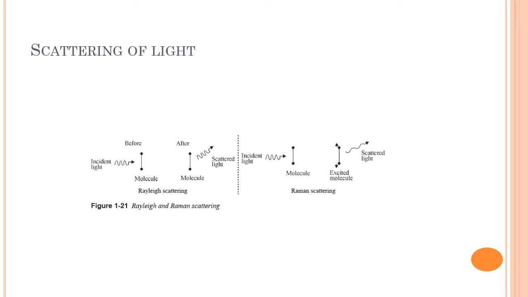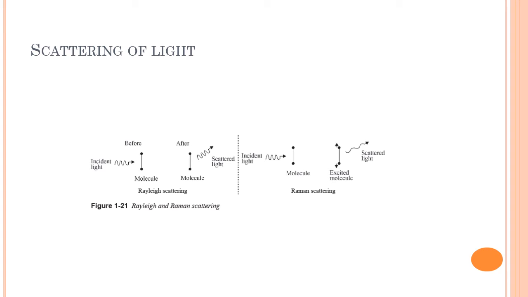If the dimensions of the scatterer are much smaller than the wavelength of light, like a molecule, for example, the scatterer can absorb the incident light and quickly re-emit the light in a different direction. If the re-emitted light has the same wavelength as the incident light, the process is called Rayleigh scattering, and that's what we see on the left-hand side of this figure.